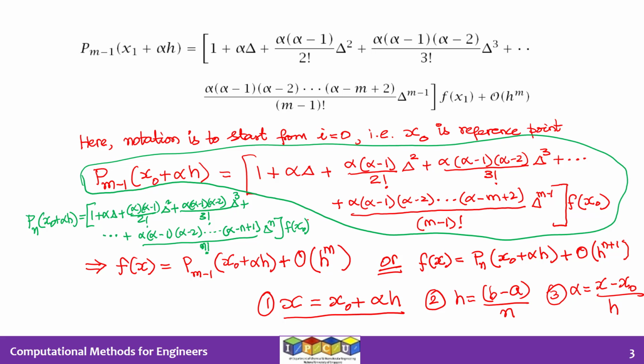So the expression written in green color is exactly this one with n equals m minus 1. So we have just changed the symbol, nothing else.